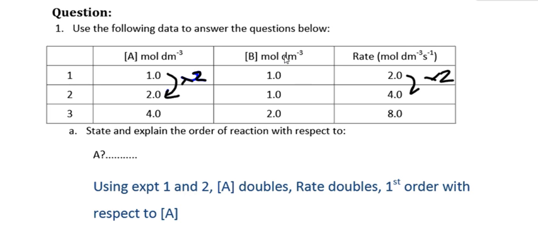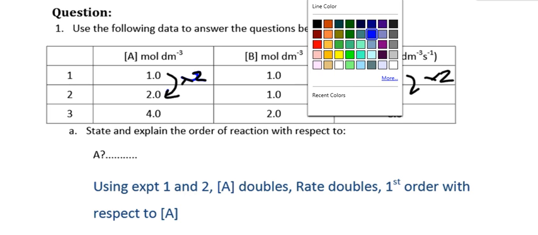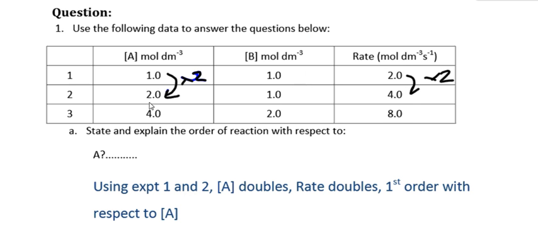Then for the second part, we've got to look and see, well, whilst B is doubling in experiments 2 and 3, the concentration of A is also doubling. So annoying here.